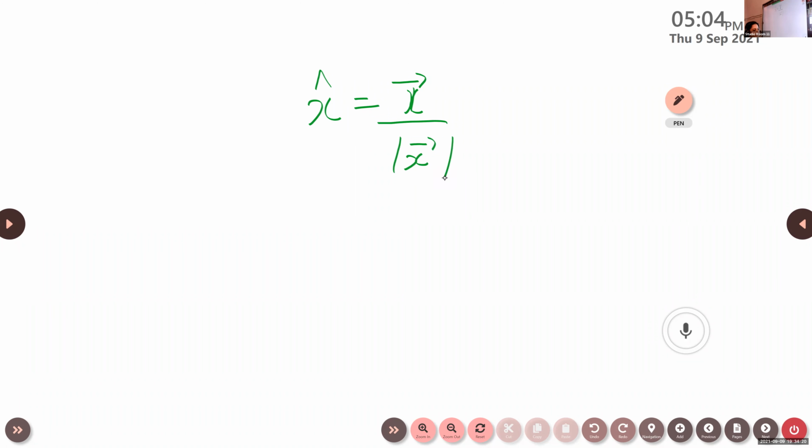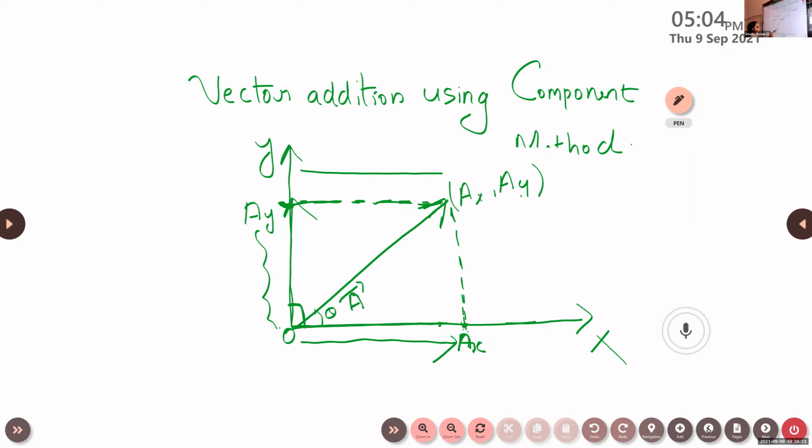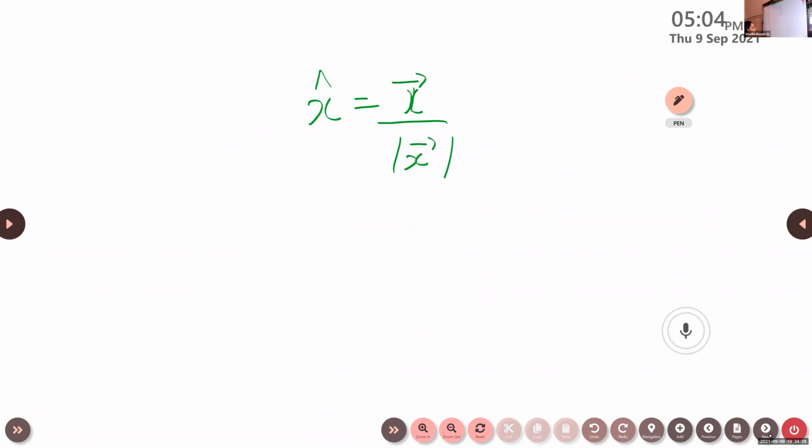But here we consider the vector as A, so we can represent this equation in terms of vector A. The unit vector corresponding to vector A becomes A cap is equal to vector A divided by the magnitude of vector A.